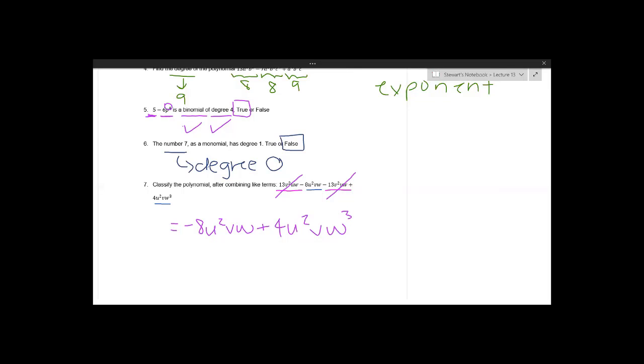Okay, and now we just consider the degree like we did before. If you consider that these also have degree 1, the degree of this monomial would be 2 plus 1 plus 1, which is 4, and the degree of this one would be 2 plus 1 plus 3, which is 6. So the highest degree wins: 6.